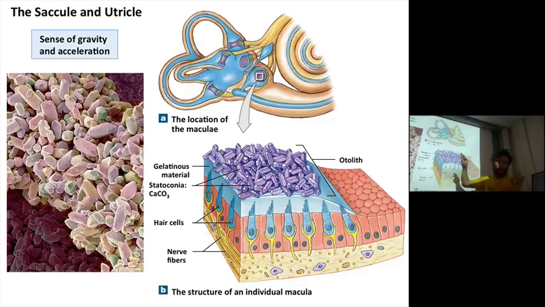An otolith, oto, ear, lith, stone, an ear stone, is made up of all these tiny crystals that are called statoconia, which are tiny little crystals of calcium carbonate. Here we have a colorized image of statoconia that are embedded on top of this gelatinous material on the macula in the utricle and the saccule.